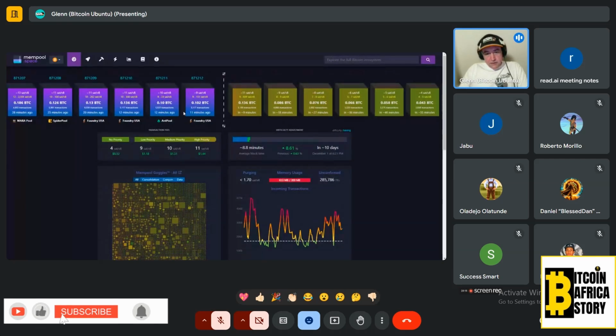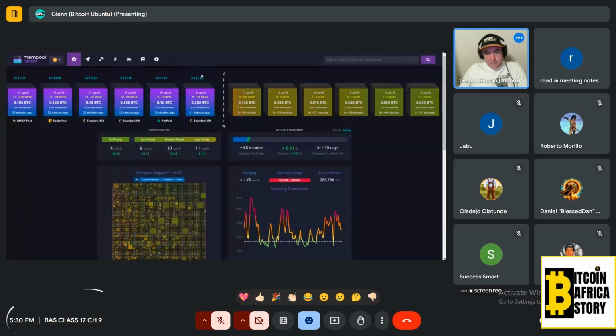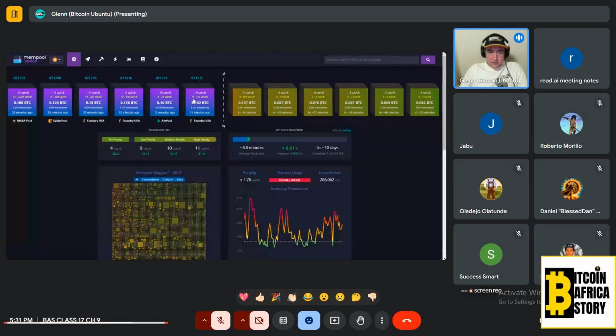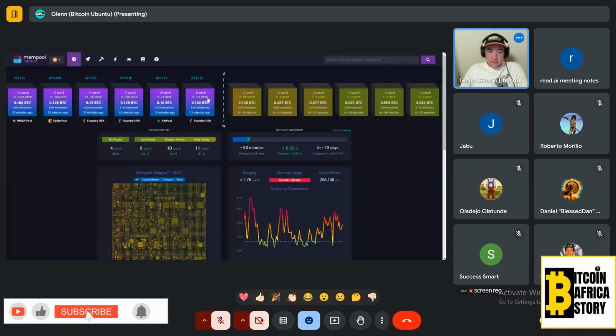Then if we look at each individual block here from the top down, we've got the block number, the block height at the top. We've got the average fee rate. This block was 9 sats per virtual byte on average. The lowest fee that was paid was 9 sats. The highest fee was 151 sats per virtual byte.